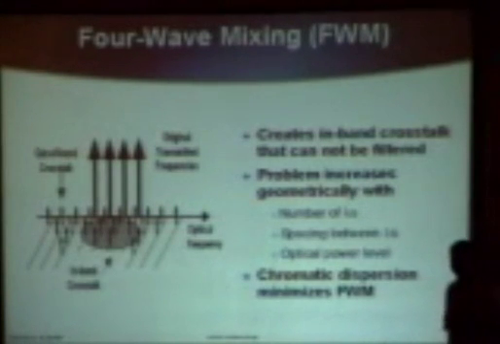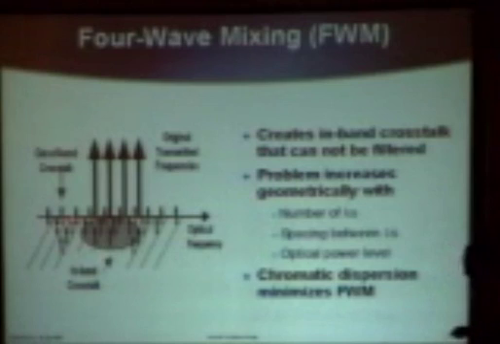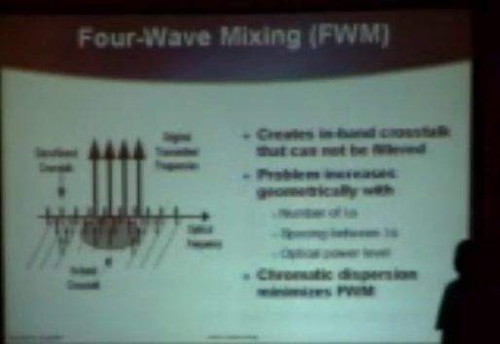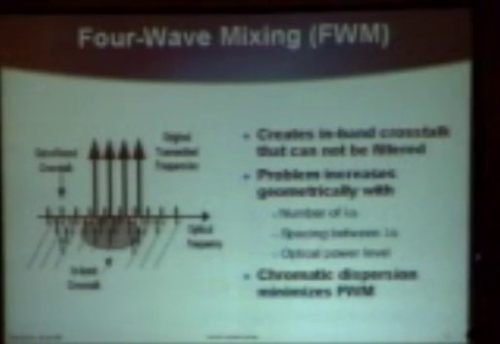It's intermodulation distortion and beat patterns appearing. The problem here with four-wave mixing is that some of these interference patterns happen to fall exactly on one of the frequencies you're transmitting. So it becomes impossible now to either electrically or optically filter this kind of crosstalk out of the systems.